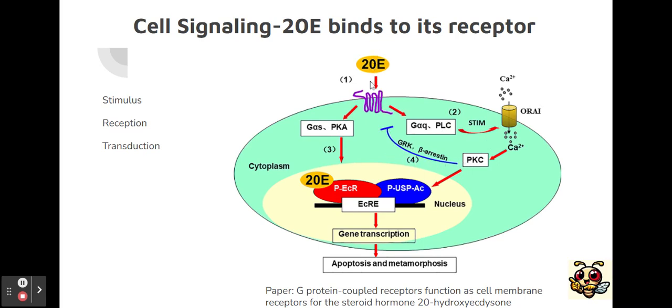So we can see when 20E binds to this receptor here, it's going to stimulate GAQ or PLC, which is going to stimulate this ORA1, and calcium can get in. And then we see PKC gets activated too, and that is going to block this because you've got enough signal.